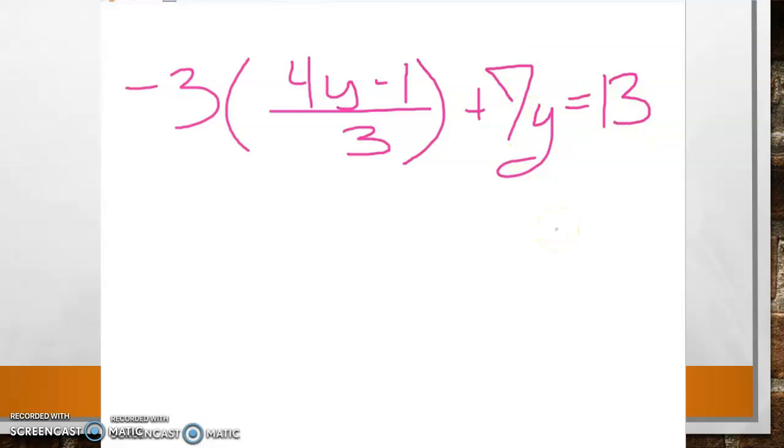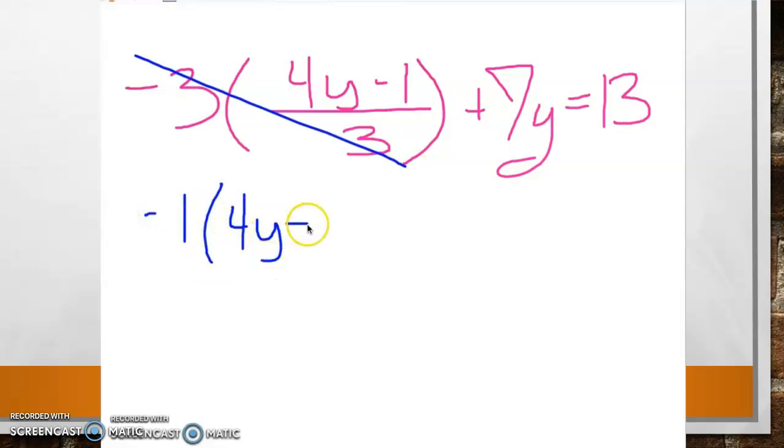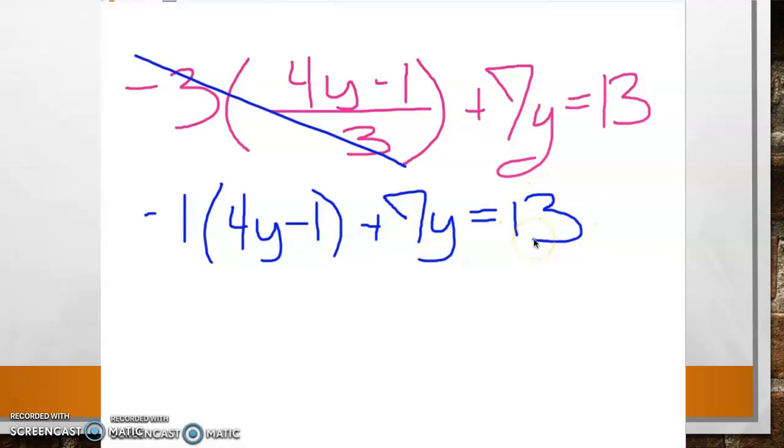Alright, so now we're going to deal with the negative 3 and the 3. I'm actually going to cancel those out and make that a negative 1 times (4y minus 1) plus 7y equals 13. Because 3 divided by 3 is 1, and we have to keep the negative sign so it becomes a negative 1.